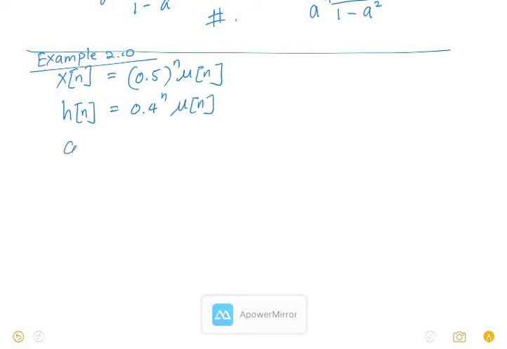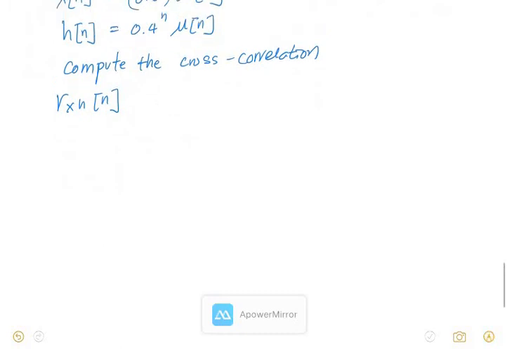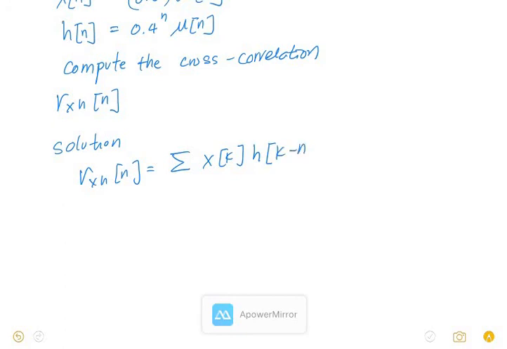Compute the cross correlation, Rxh[n]. So Rxh[n] equals the summation of x[k] and h[k minus n].